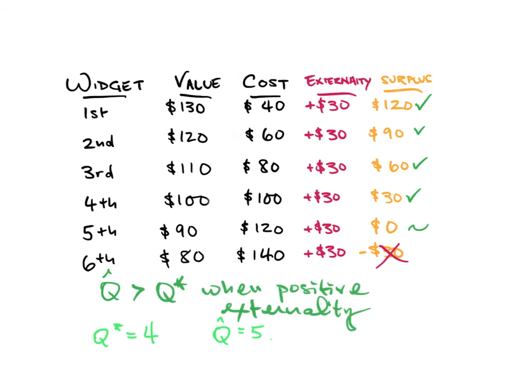What gets produced in the market, Q star, is less than what is socially optimal. What people would choose to buy and sell if it's just left up to them is less than what's socially optimal. We don't do enough of things that create positive externalities. Does this make sense?